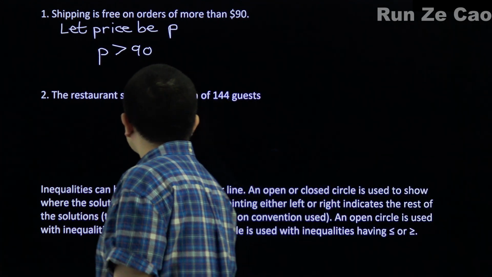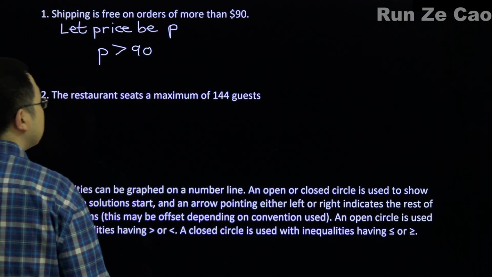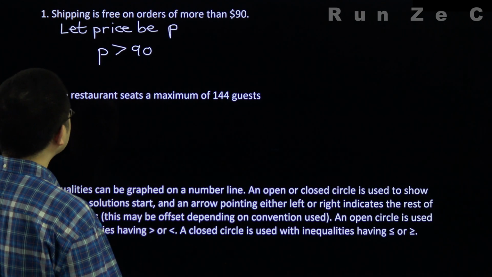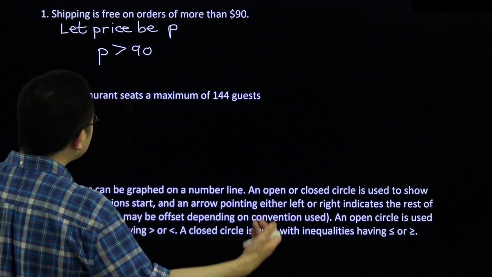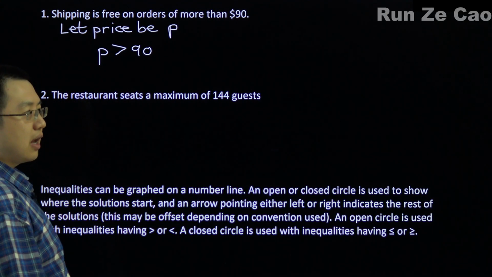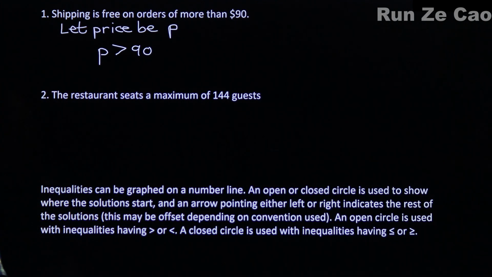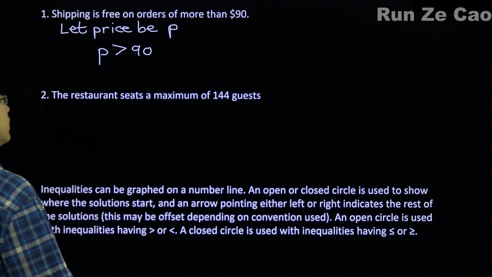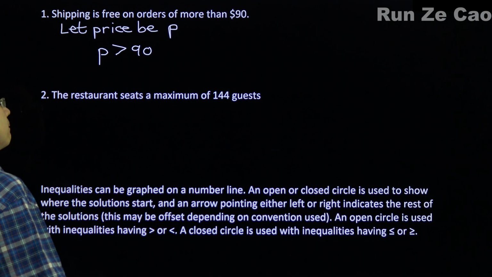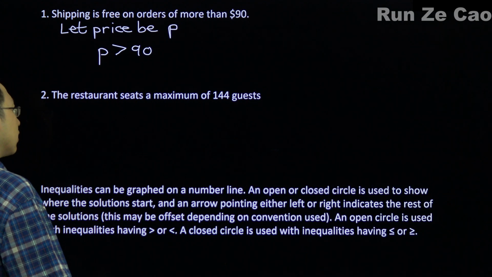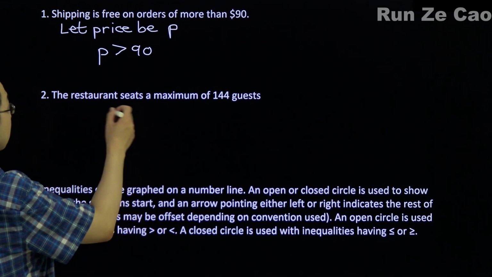The restaurant seats a maximum of 144 guests. Okay, let the restaurant's capacity be G, maybe? But wait a second. We've seen plenty of examples where we write expressions where we don't actually state what the variable is. You sometimes see that in your textbook, but that's not what it's supposed to be.